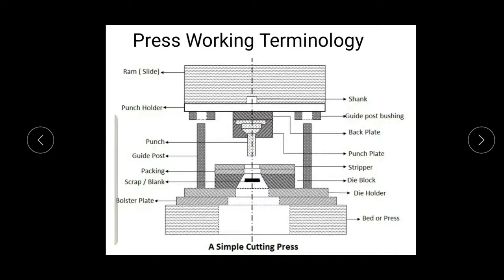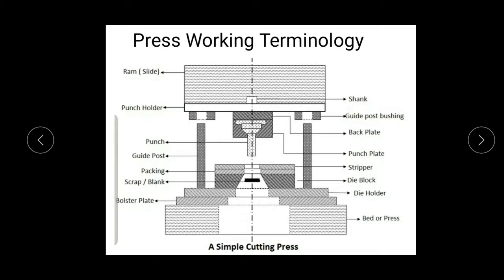Backup plate is placed so that the intensity of pressure does not become excessive on the punch holder. It is also called punch back plate or pressure plate. And then here is a punch plate.